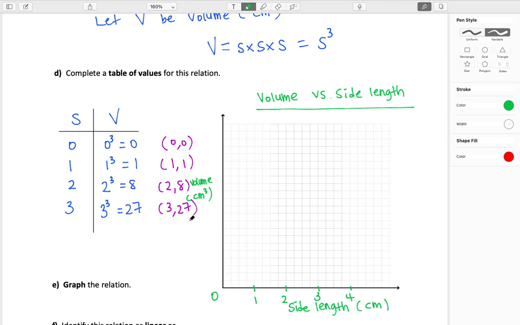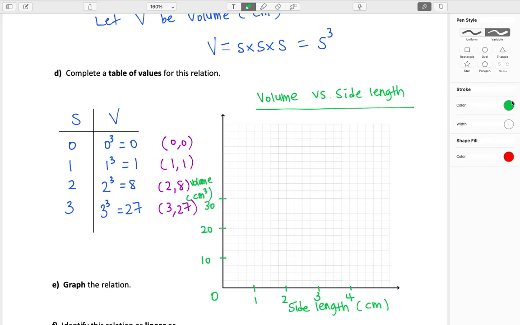Okay. And then for volume, I'm going from 0 to 27. So I could do maybe every 2 spaces for 10. So, or actually, I could do every 4 spaces for 10, 20, 30.